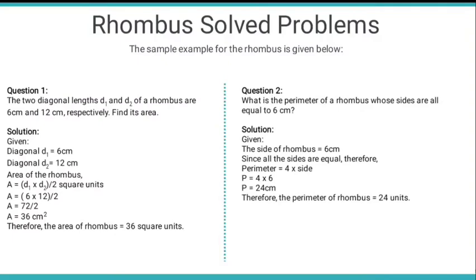Since all the sides are equal, the perimeter equals 4 times the side. So, P equals 4 times 6. P equals 24 cm. Therefore, the perimeter of the rhombus is equal to 24 units.